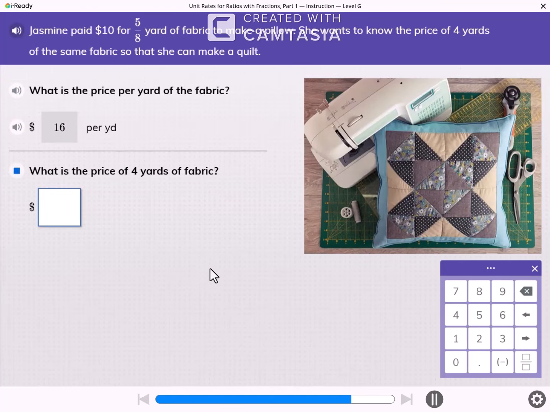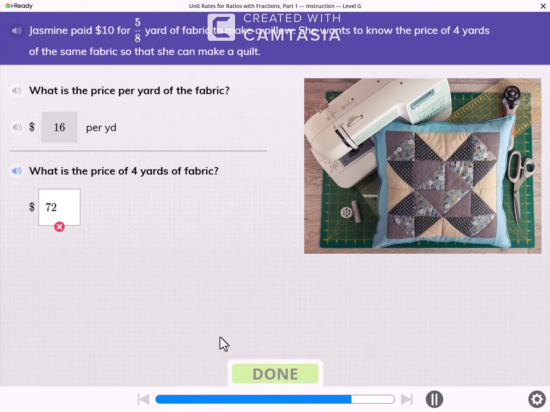What is the price of 4 yards of fabric? Multiply the price per yard by 4.